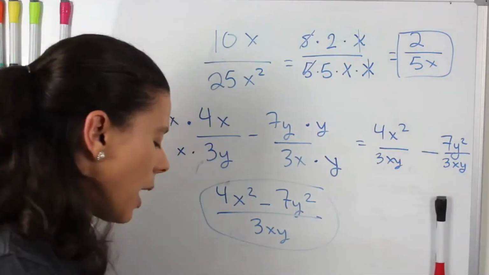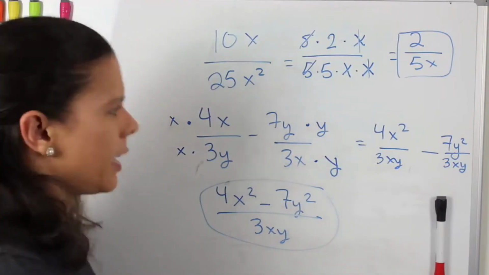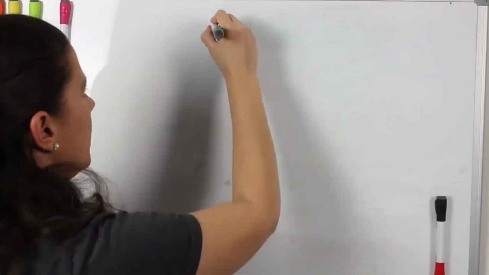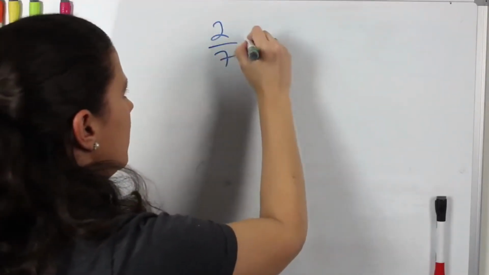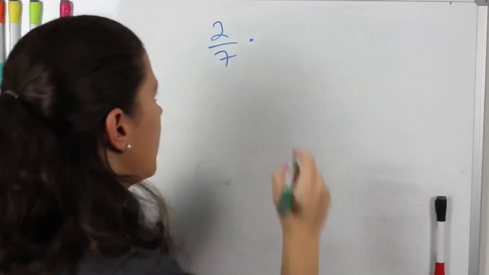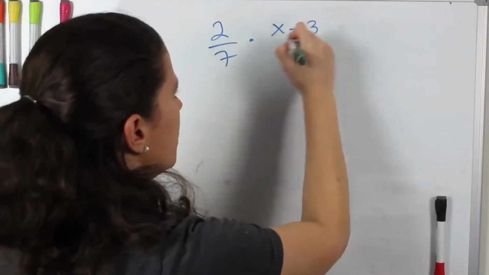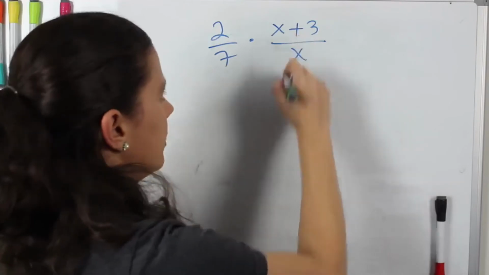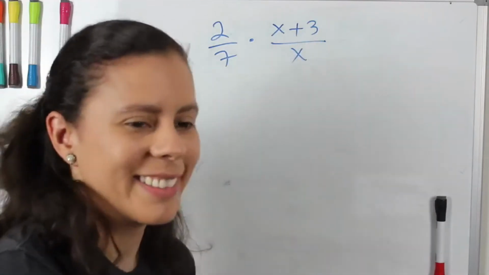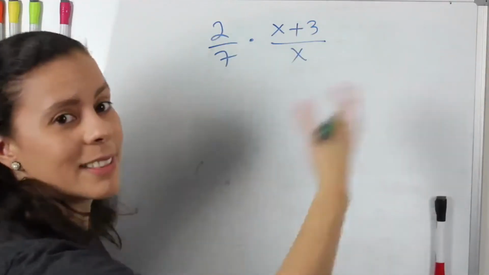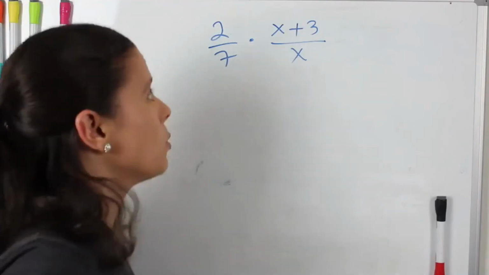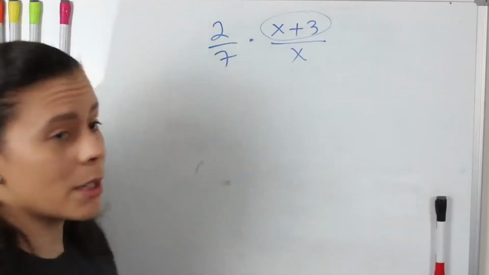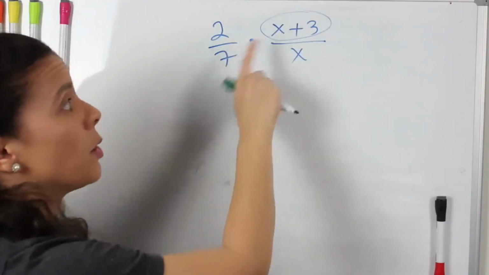Now what happens when you're multiplying or dividing these big monsters? Something like 2 over 7. You're like, ooh, no x's. That's okay. But what about if it's x plus 3 over x? Multiply straight across. Same rule. This is just a number. But keep in mind that you're multiplying by the whole thing.